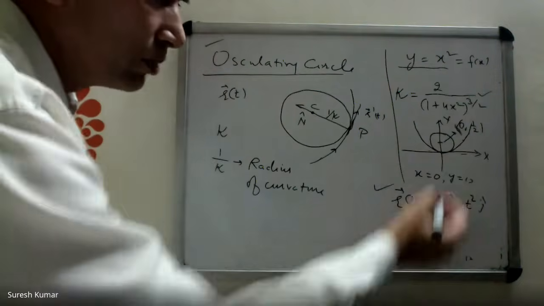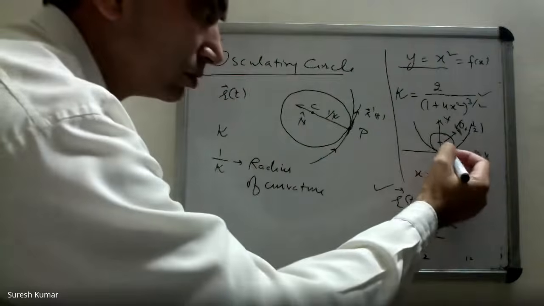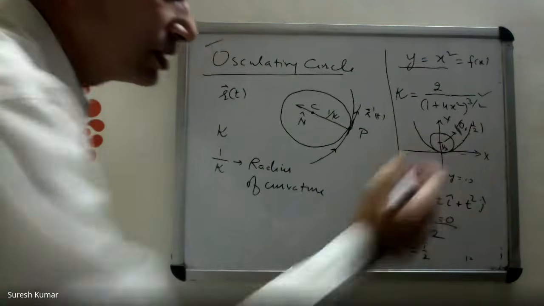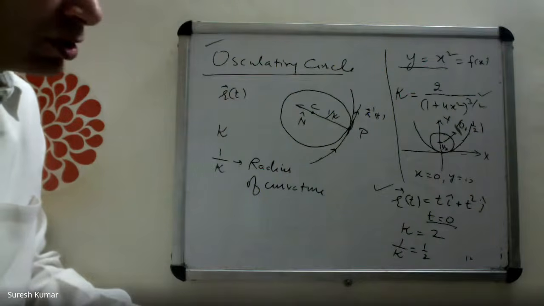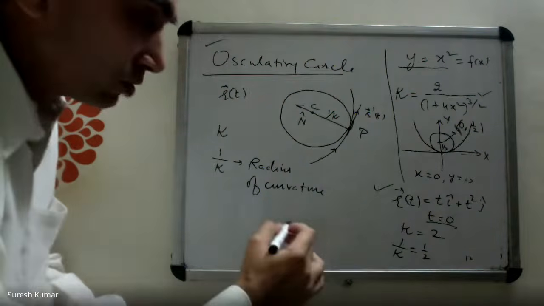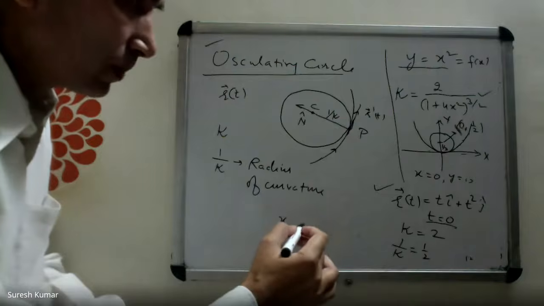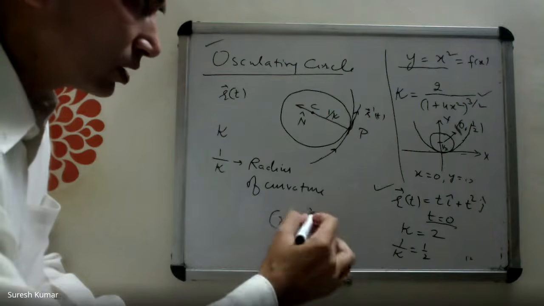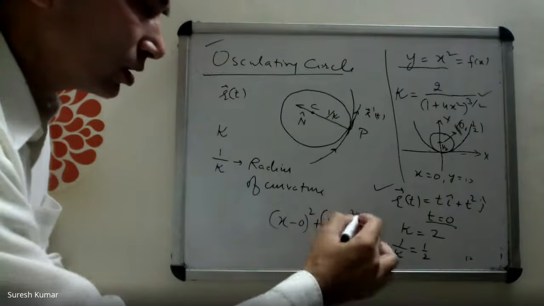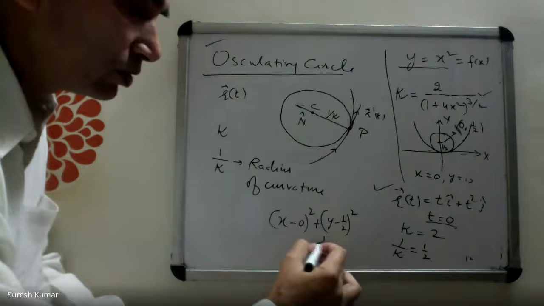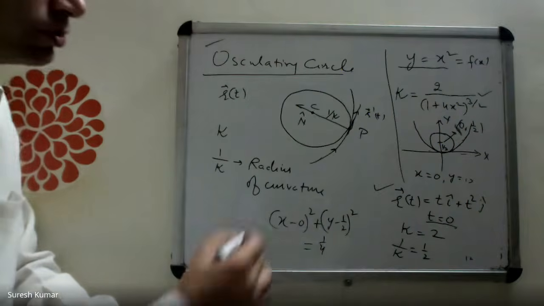Because 1 over kappa is 1 by 2, and exactly the y-axis is the normal at this point. So the equation of this osculating circle is (x minus 0) whole square plus (y minus 1 by 2) whole square equal to the radius squared, 1 by 2 squared, so you can write 1 over 4.